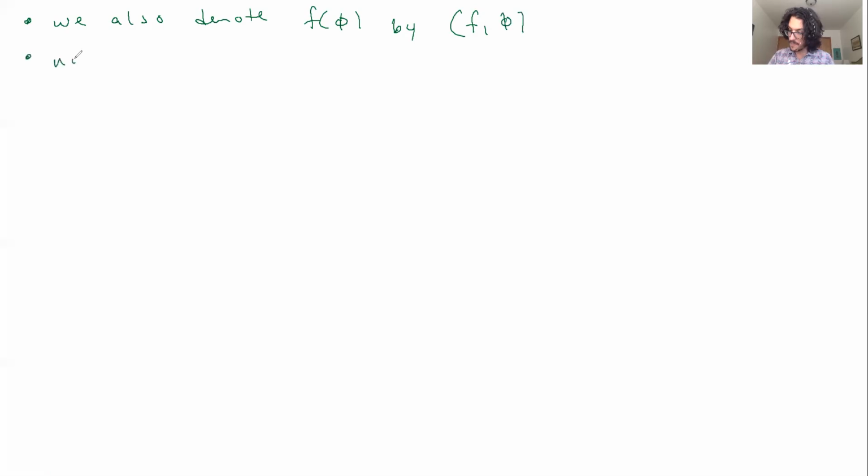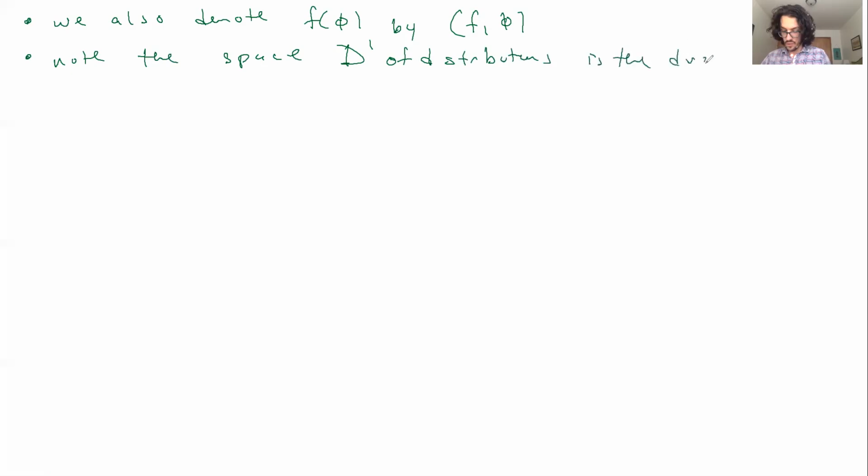Great. So then, you may also denote f of phi, okay, by just something like this. This isn't quite the inner product, but f acting on phi, okay? And we note the space, call it D prime, of distributions is the dual of D, okay?